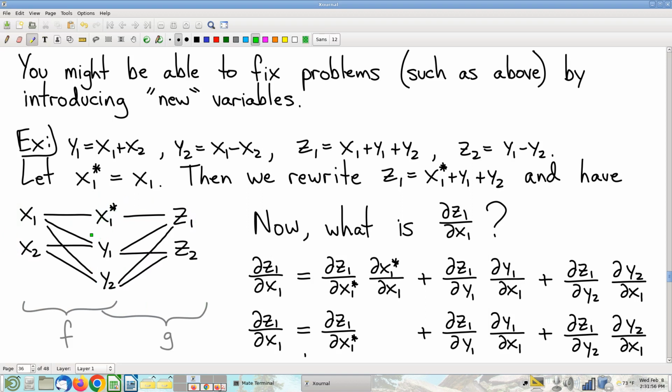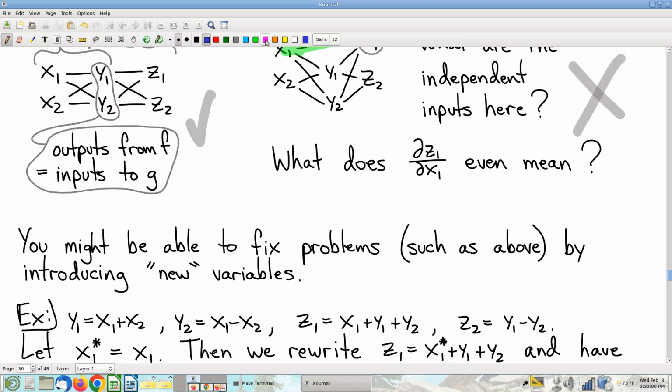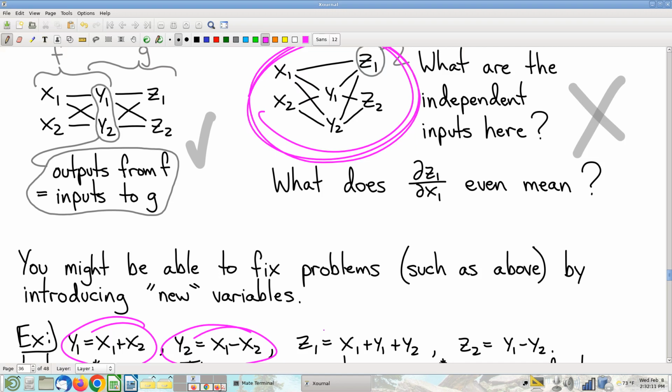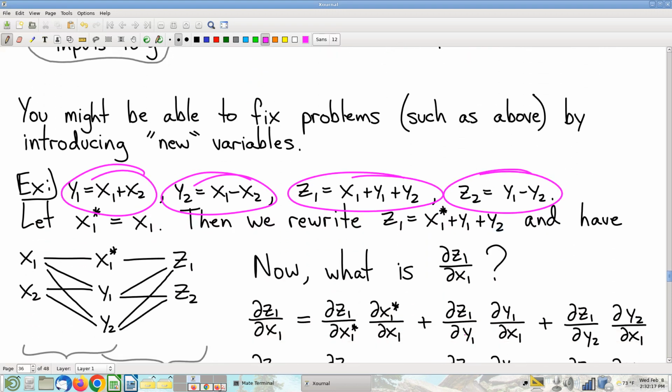So now, let's come back up to here for a second, and let's imagine that we were tempted to draw this diagram with this set of equations in mind, and these equations down here. This kind of thing will happen in everyday circumstances where y1 is a function of x1 and x2.